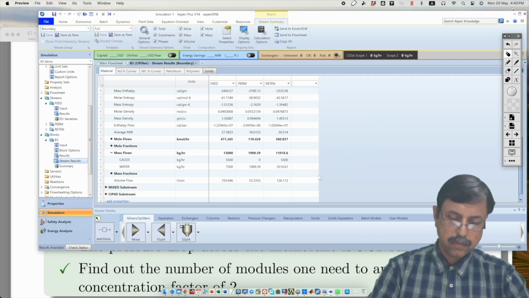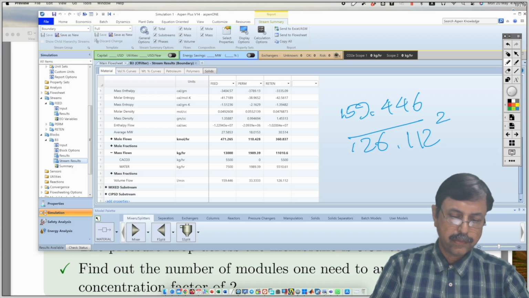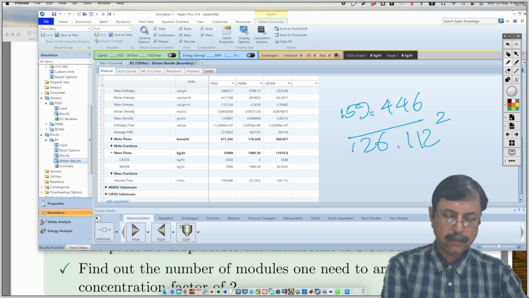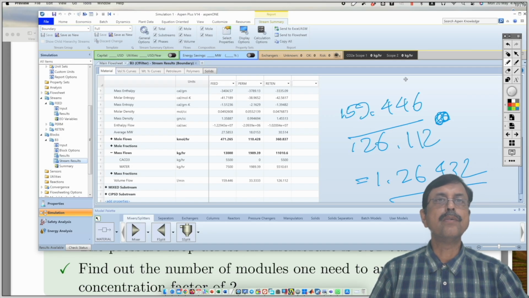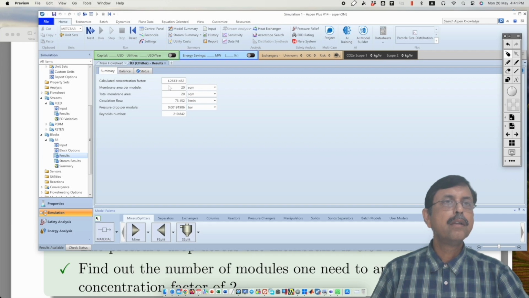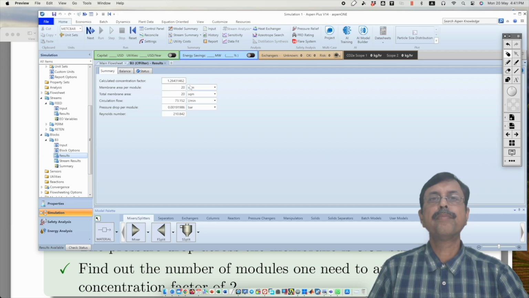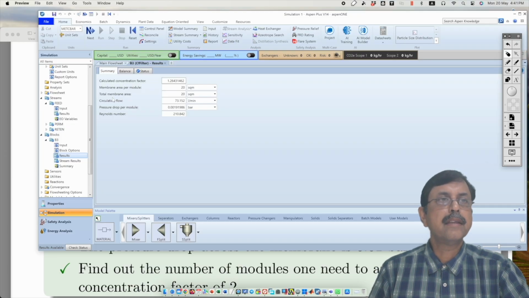So you calculate 159.446 by 126.112. If you calculate this, you will get 1.26432. So that's what concentration factor is.